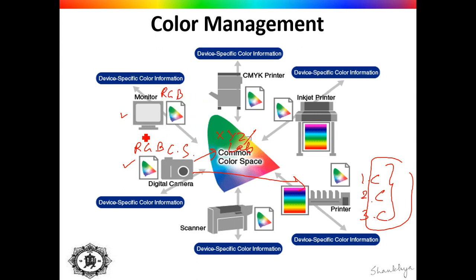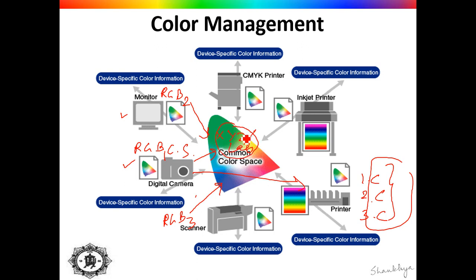So let us say for the camera this is RGB color space 1, this is RGB color space 2, and for a scanner you have RGB color space 3. So these are all your input color spaces. You convert all these images from all these input devices from their native or embedded device dependent color space into a device independent color space.